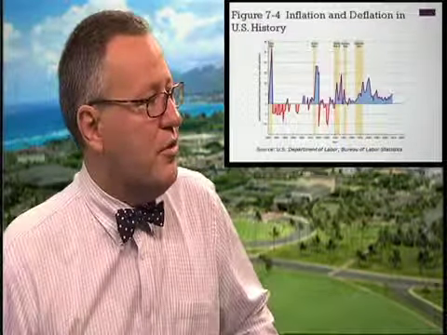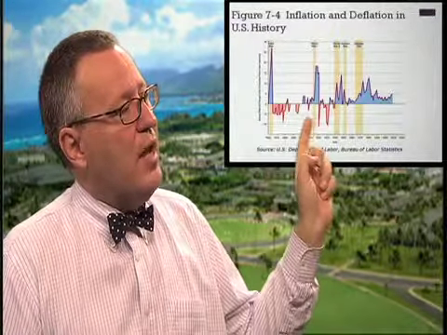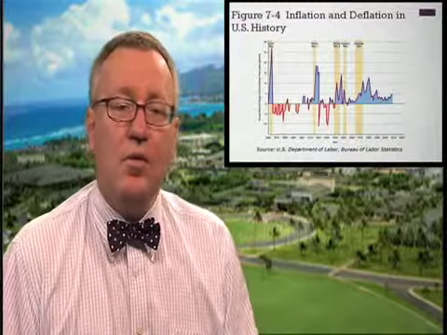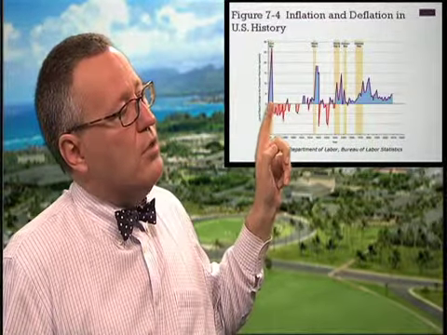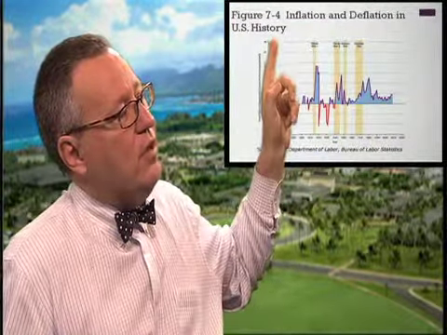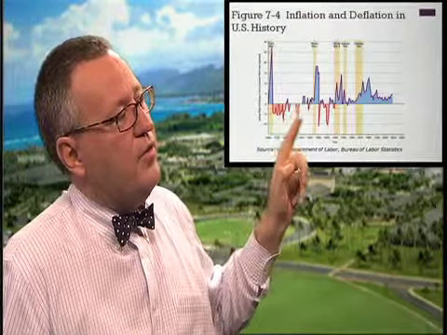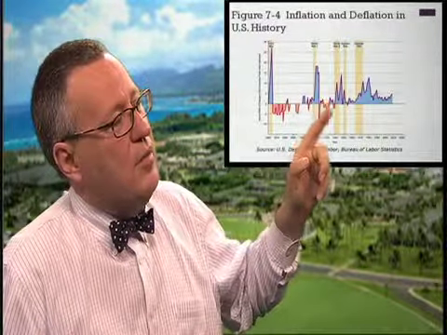Now what you can see from this graph, which is very interesting, is what's happened to inflation over time. Again, we have these yellow bars, which represent war times, and what happens during wars typically is you have an increase in inflation. So what you can see here is obviously early wars, and periods of inflation go up, periods of deflation go down. So you have this period of deflation, inflation, deflation, inflation that exists for quite some time until you get into the 1900s.